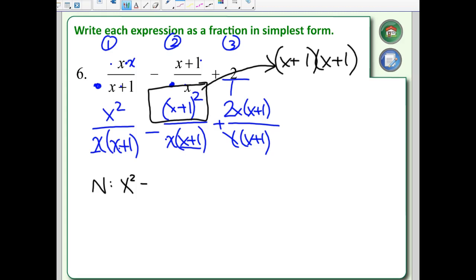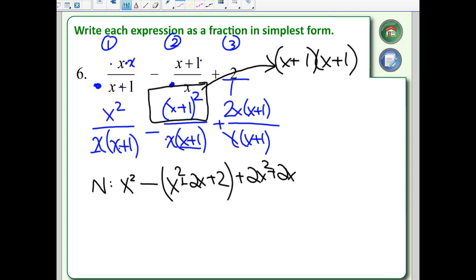So we've got a minus sign in between it, and if I FOIL those two, I'm going to get x squared plus 2x plus 2. And then we've got a plus sign, and the last fraction, we're just going to do our distributive property.